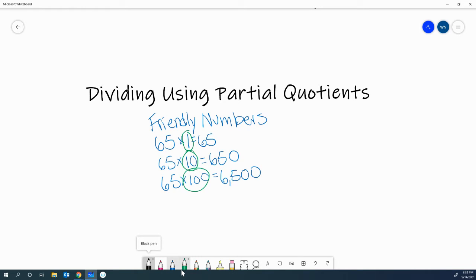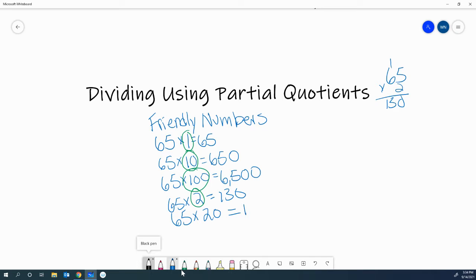Let's think of some other friendly numbers. I know my 2's really well. So I could say 65 times 2, and I could solve that pretty quickly. So I know that 65 times 2 equals 130. So that means 2 is also a friendly number. Let's take what we learned there and take it even farther. Could you figure out 65 times 20 really easily then?